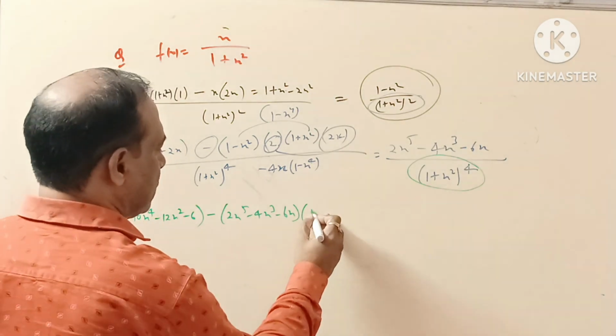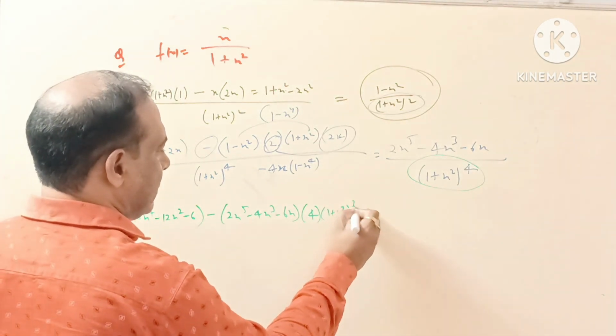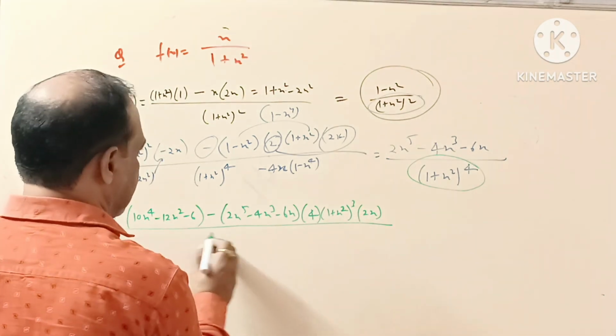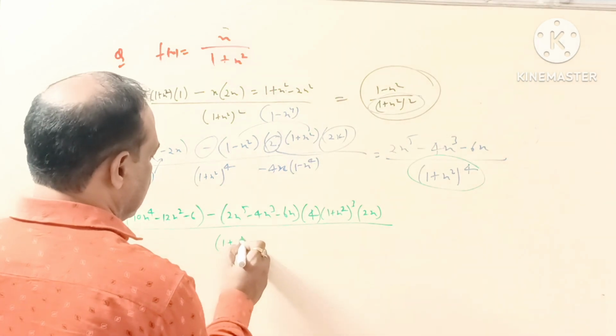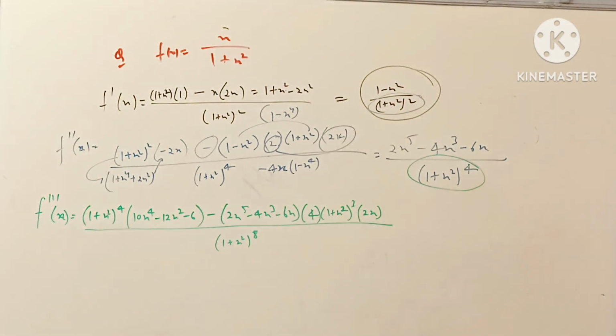I will be having 4 times 1 plus x square whole power 3, and this is 2x, and in the denominator I will be having 1 plus x square whole raised to power 8. This is the square of 1 plus x square whole power 4.